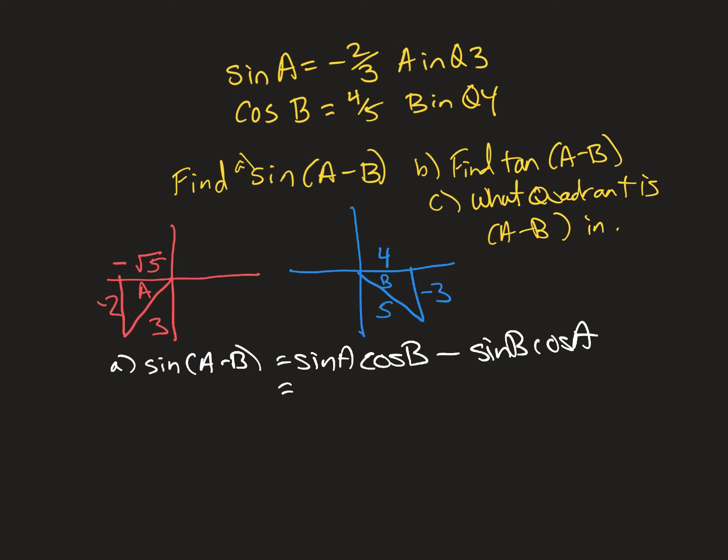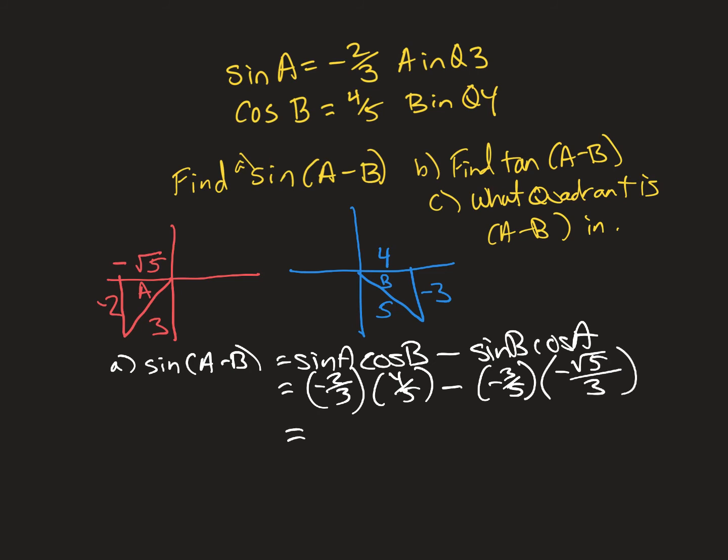So sine A, if I go to the red triangle here, sine A is -2/3. Cosine B is 4/5. Minus sine B is -3/5. And cosine A is -√5/3.